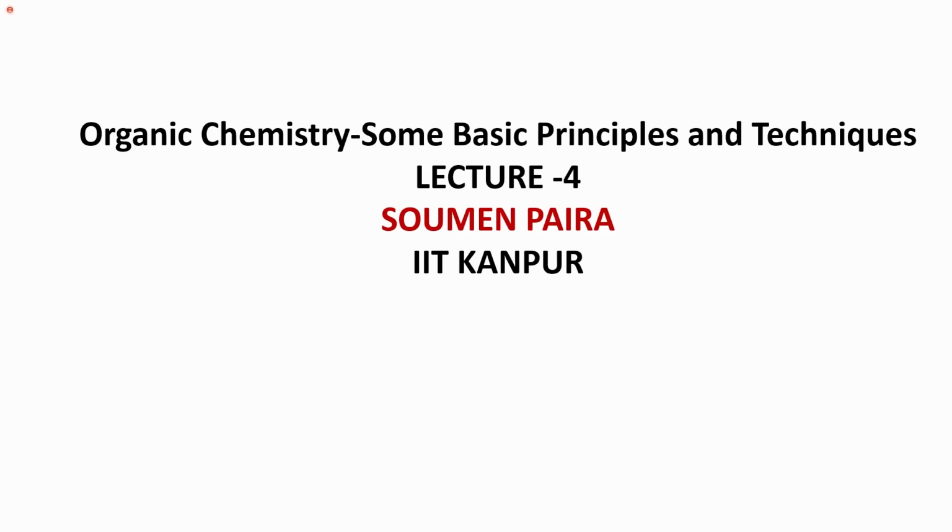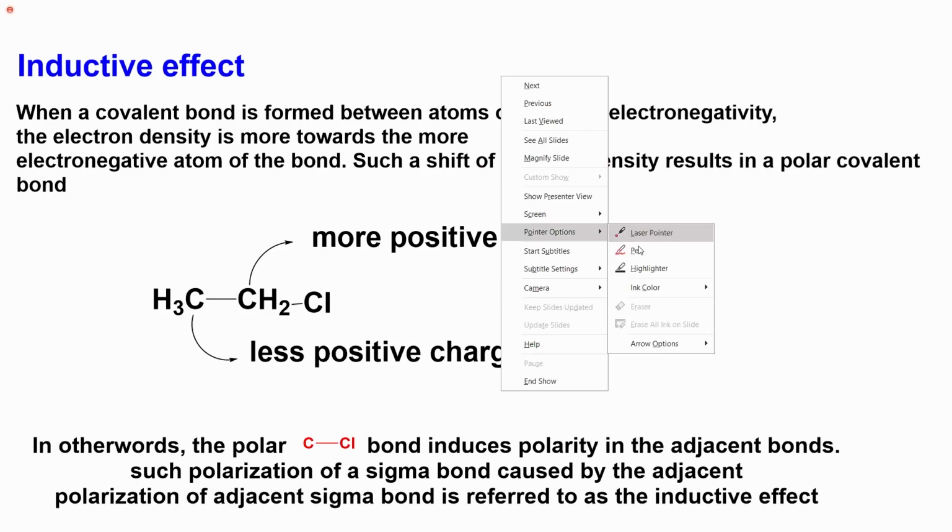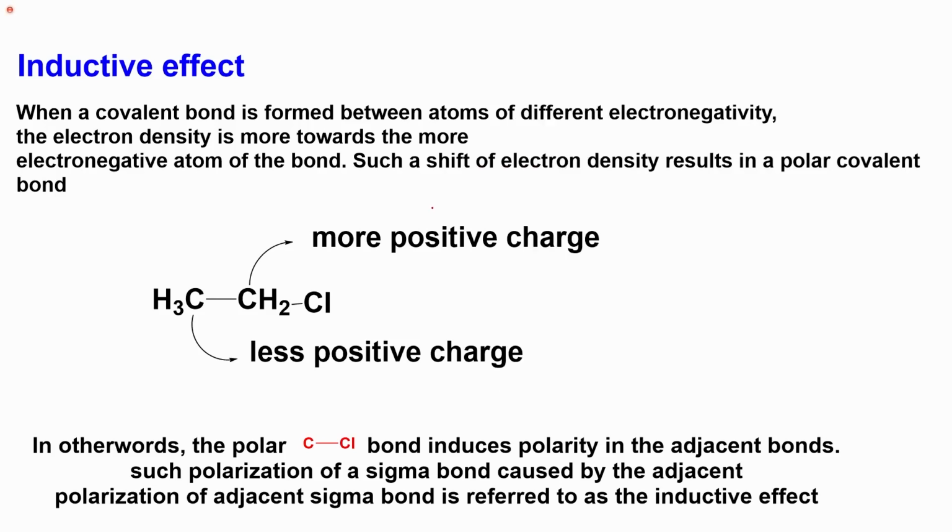So, in the previous lecture, we discussed a little bit about what the inductive effect is and how the inductive effect helps in stabilizing the carbocation or radicals which are formed in situ in the reaction mixture.